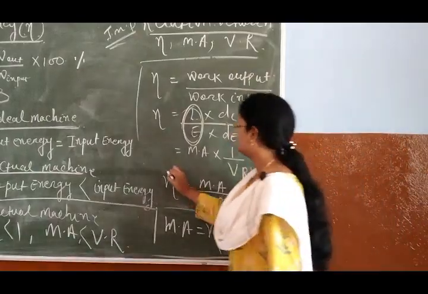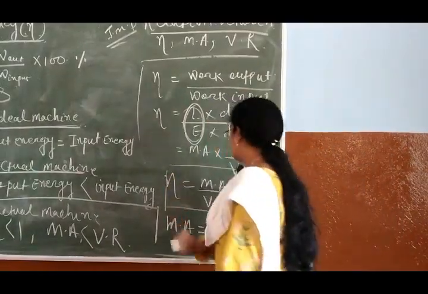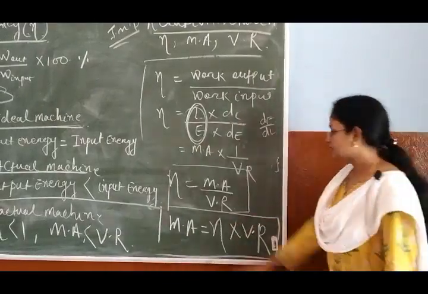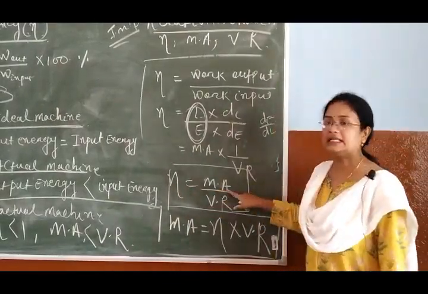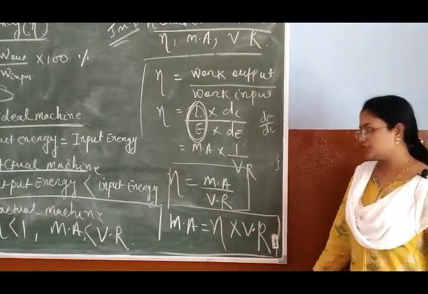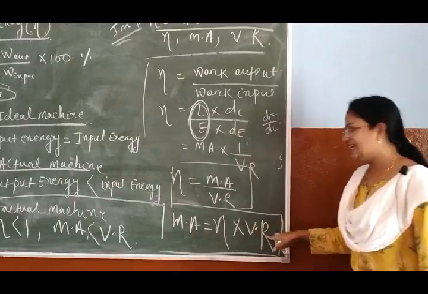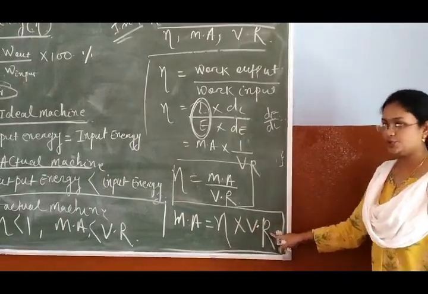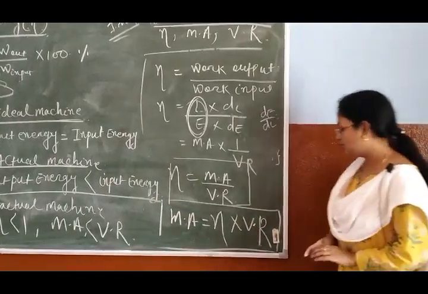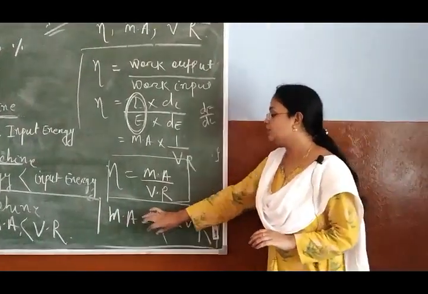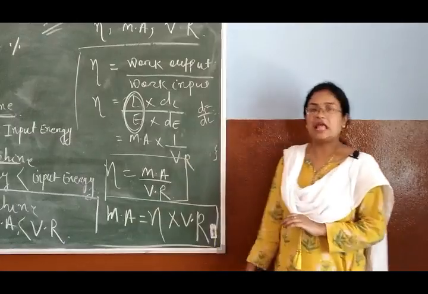This is a very important formula, and you will get so many questions in the exercise on the basis of this formula: efficiency is equal to mechanical advantage by velocity ratio, or mechanical advantage is equal to efficiency into velocity ratio. That means if you know the efficiency of a machine and velocity ratio, you can calculate the mechanical advantage.